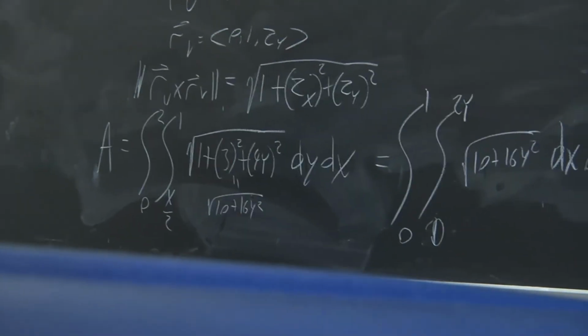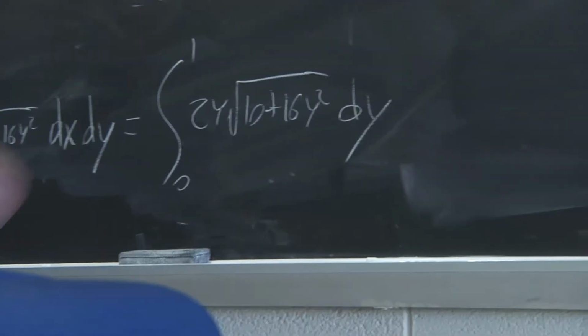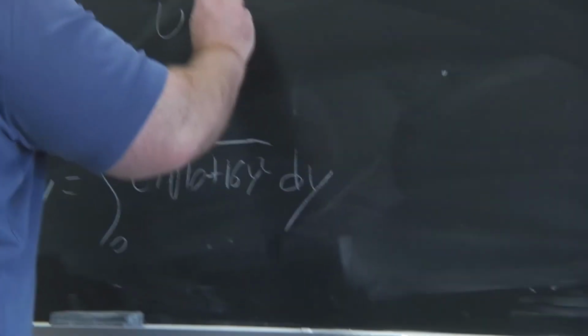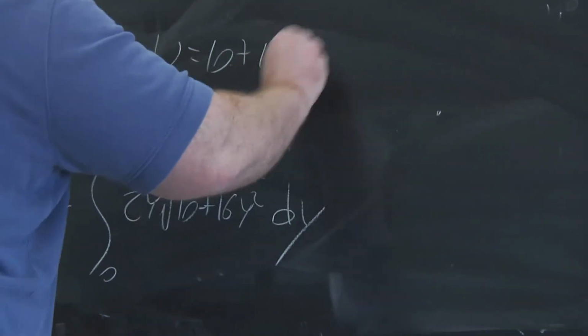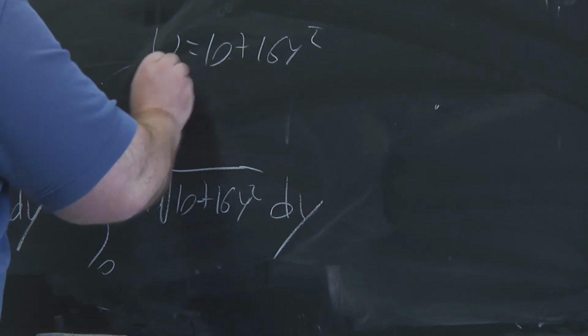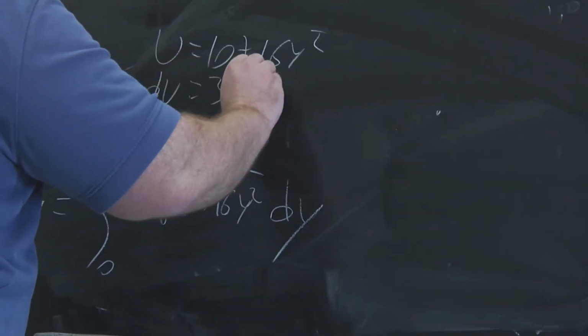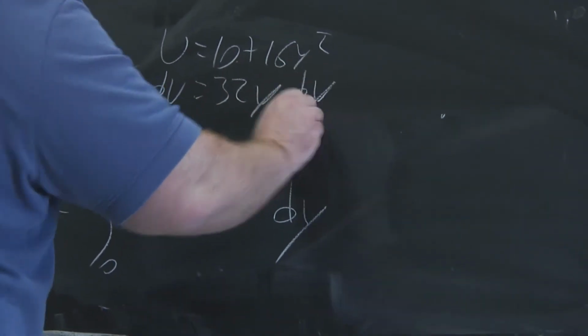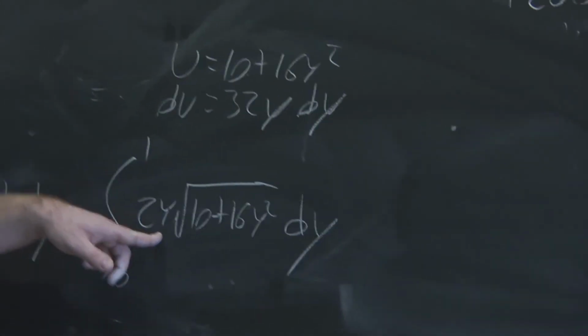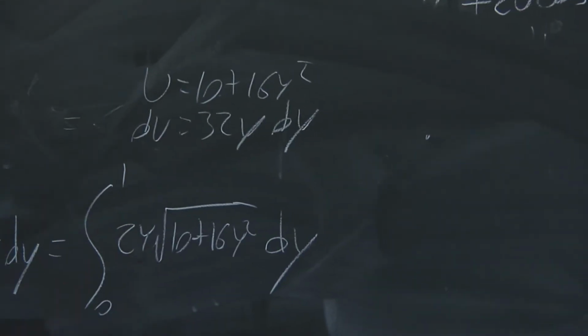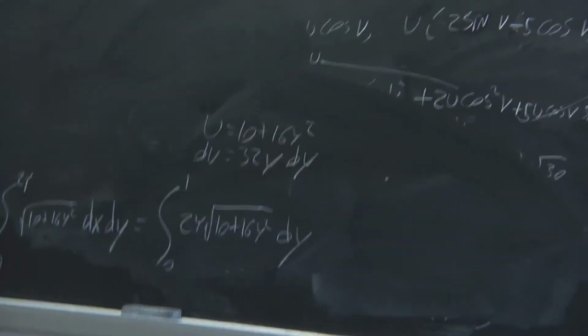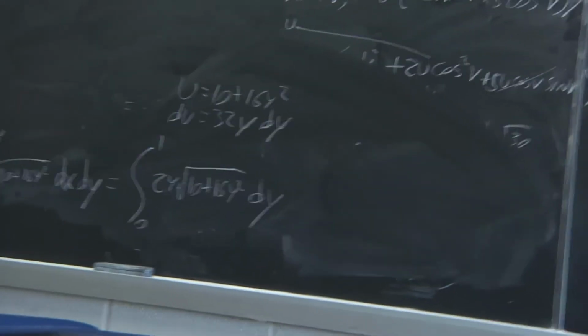Just let u equal whatever's under this radical. Yes, you make a u substitution. u is equal to 10 plus 16y squared. So du is 32y dy. So that's going to absorb this y, and we'll get a simple integral involving u to the 1/2, which you could do.